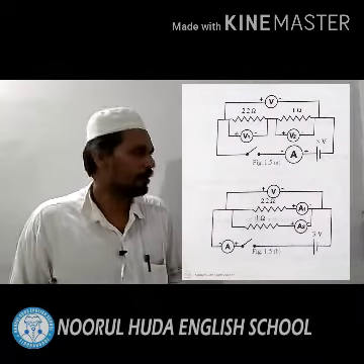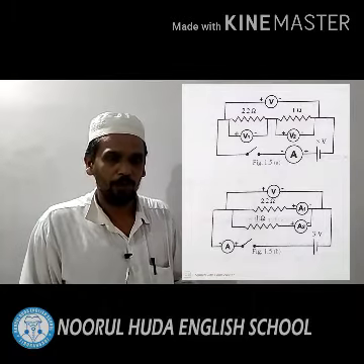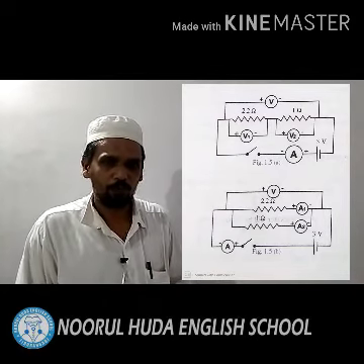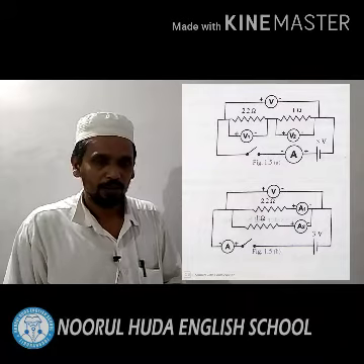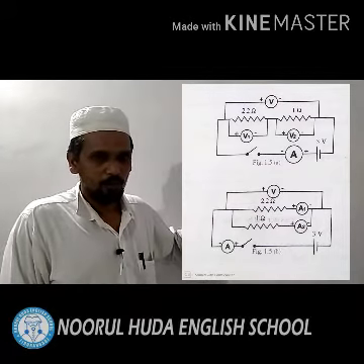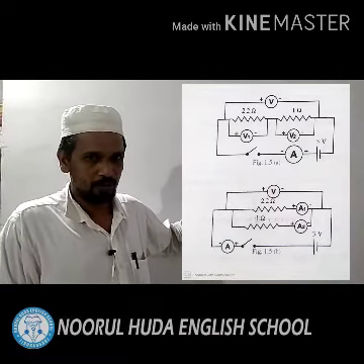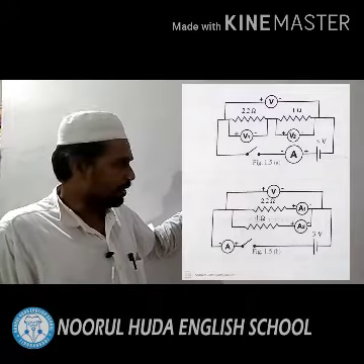In the circuit, replacing the bulbs, 1 ohm and 2.2 ohm resistors are connected with an ammeter and voltmeter. What happened to the ammeter reading and voltmeter reading? Look at the figure on the board.